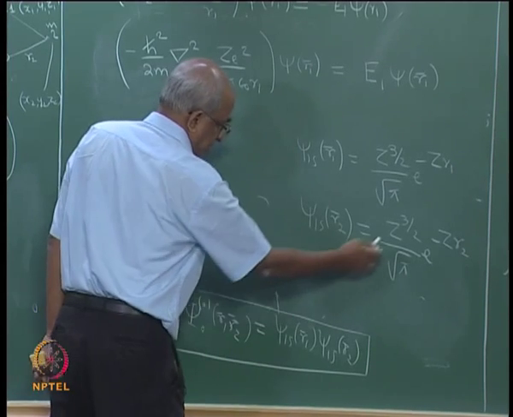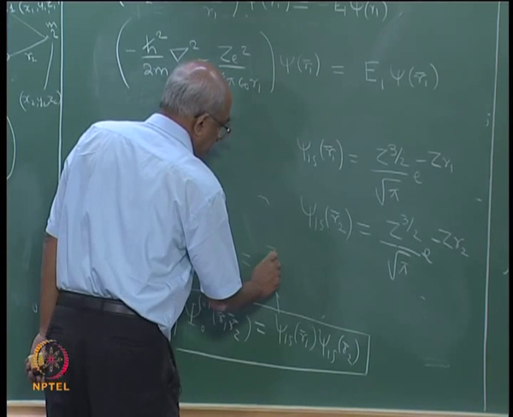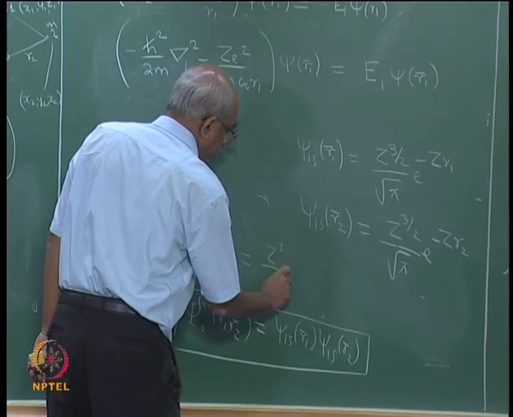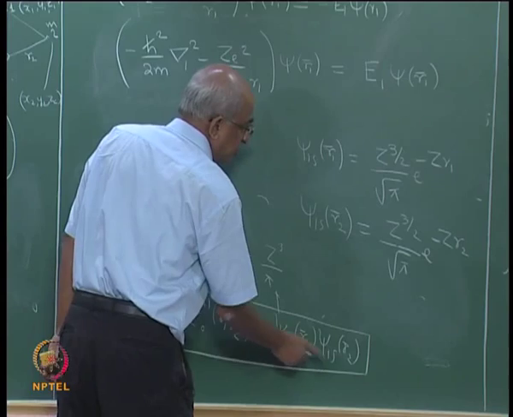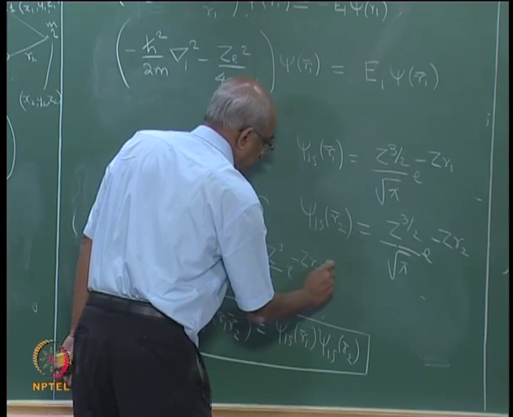If you use that expression for psi 1s, this is actually going to be Z to the power of 3 divided by pi, because I am multiplying these two, e to the power of minus Z r1 minus Z r2.